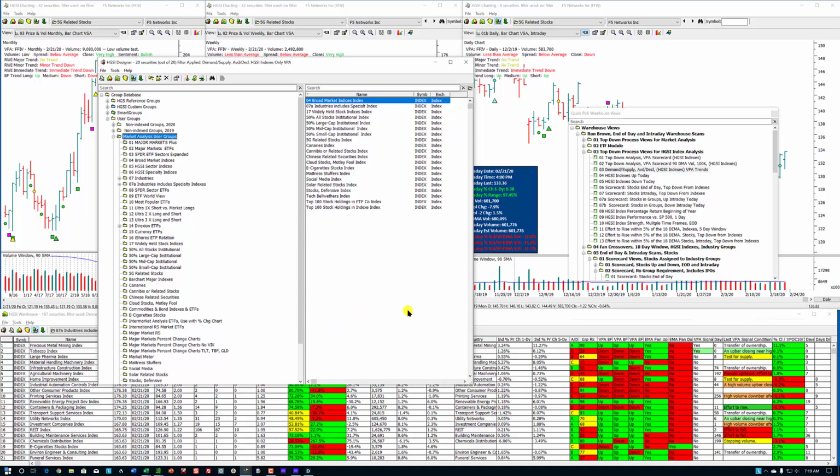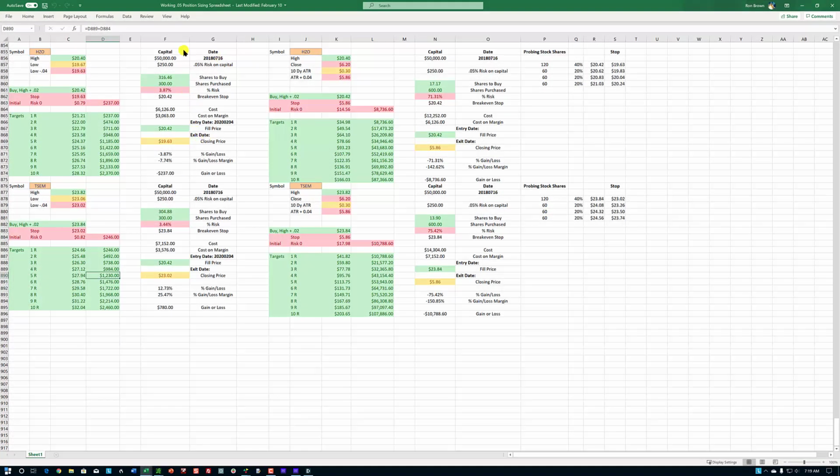I have a 0.5% risk, a 1% risk, and a 2% risk, and you can change the capital requirements. On this one, I'm at $50,000. If you want to bump that up to 100, 200, whatever, what this spreadsheet does, and let me finish this off, it position sizes, and it tells you how much risk you can take.